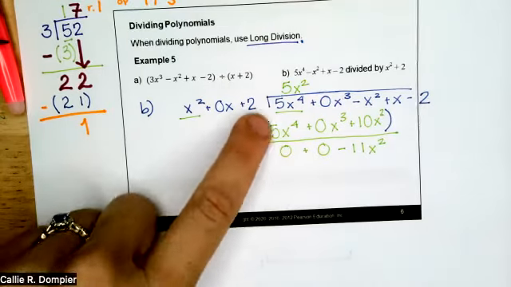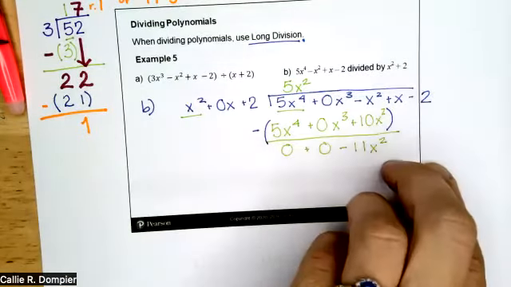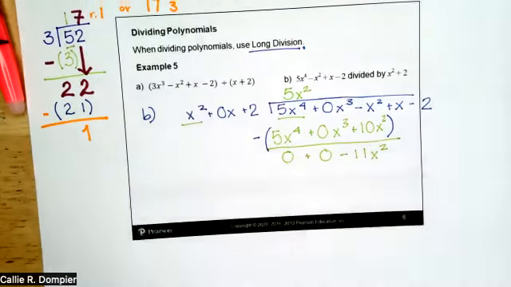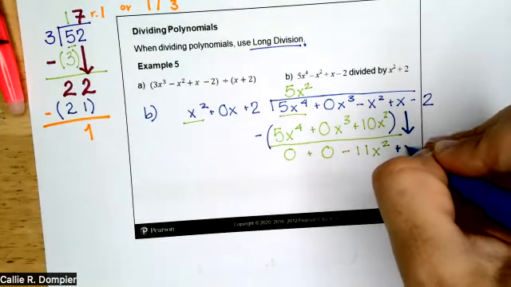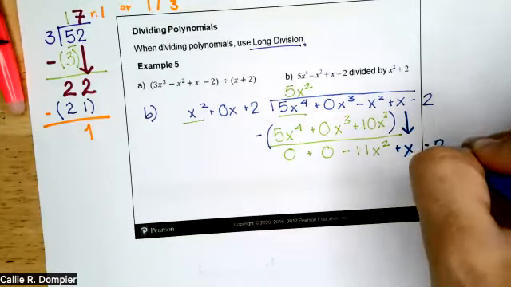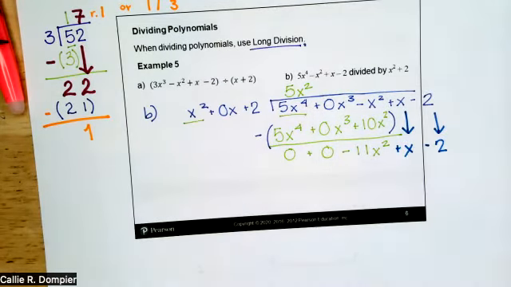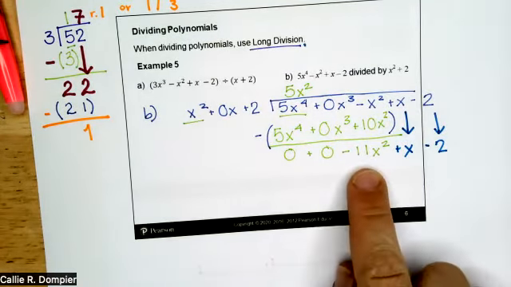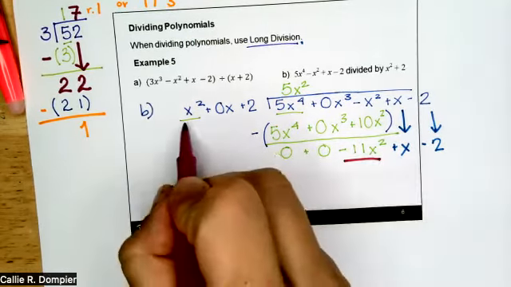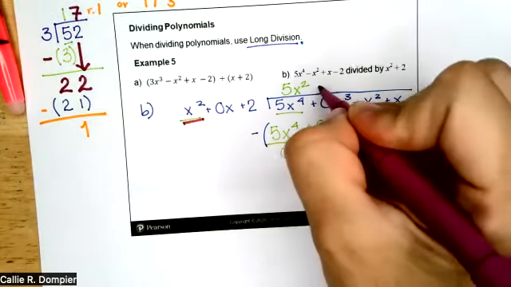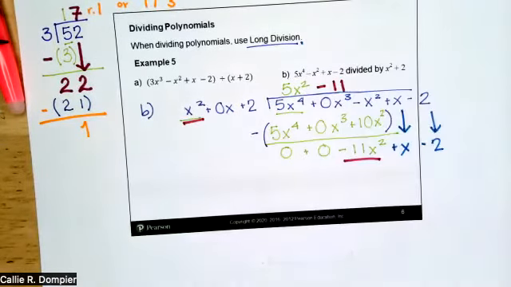Because this has 3 terms, I'm going to bring down both of these. Plus x minus 2. Negative 11x squared. And the x squared just means I need to multiply it by negative 11.